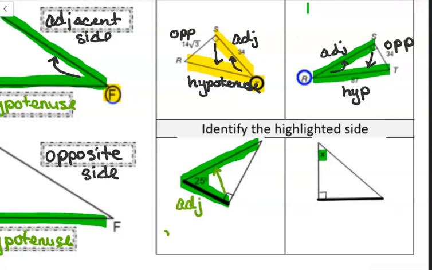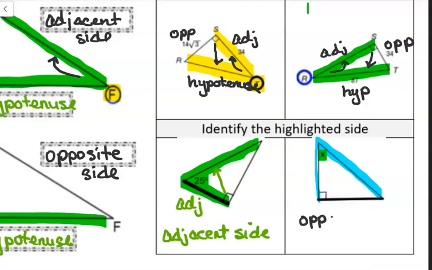So it is the adjacent side. When I look at the other one, if we highlight our angle, the side that is highlighted is not part of the angle. So that's going to make it the opposite side.